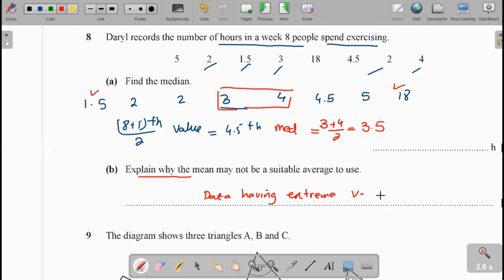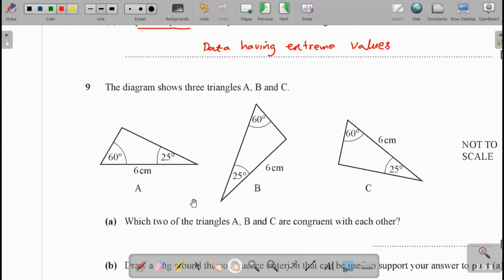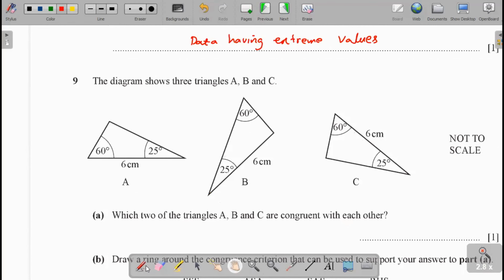Okay. Now in the next question, you see here the diagram shows three triangles A, B, and C. Which two of the triangles are congruent? Now for congruent triangles, firstly we see if three sides are equal, or two sides and an angle are equal, and we have another property, double AS.